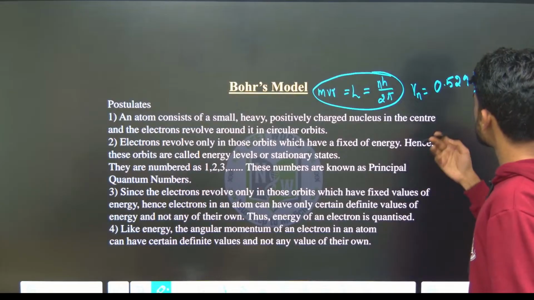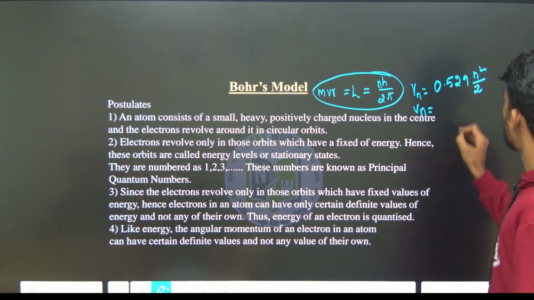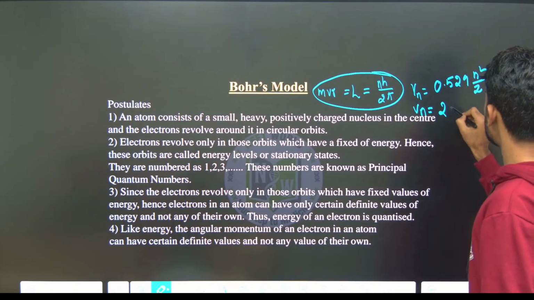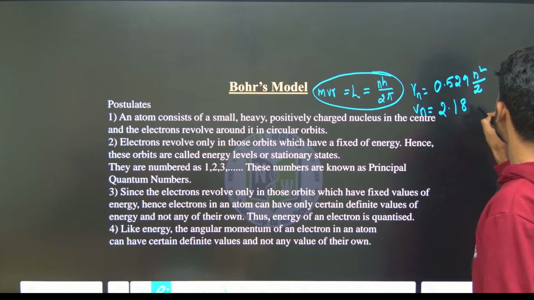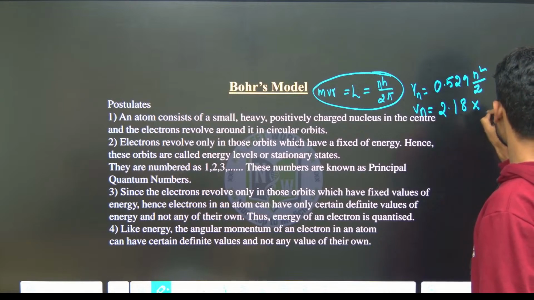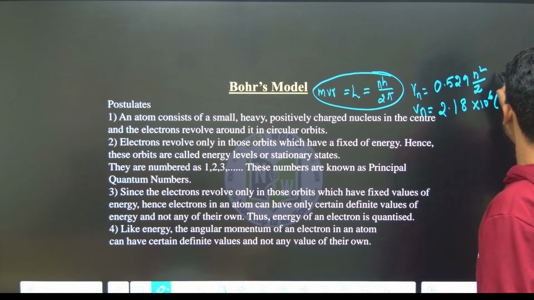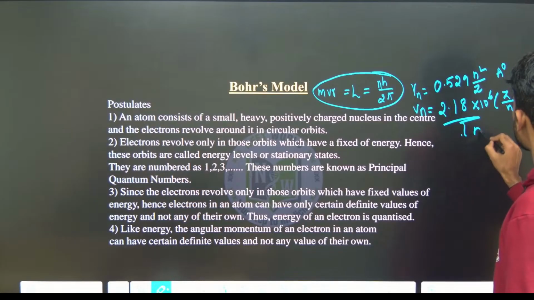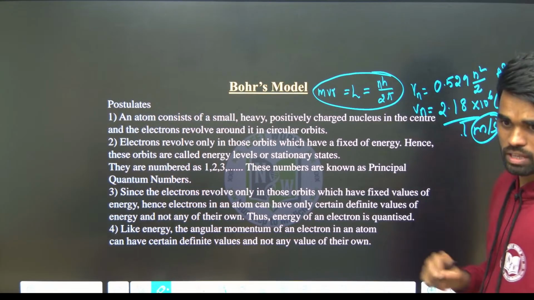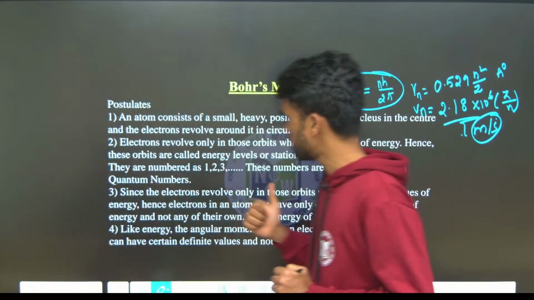Then next, the velocity of an electron in the nth orbit is 2.18 into 10 power 6 Z by n. Here for radius I am saying angstrom units, for velocity meter per second units. These are the things we discussed, and numericals related to this we did in the last class.